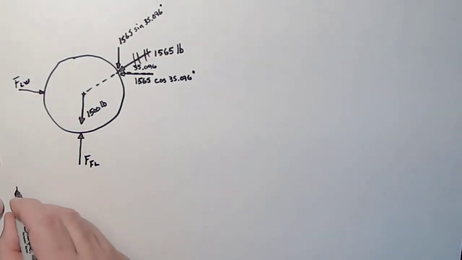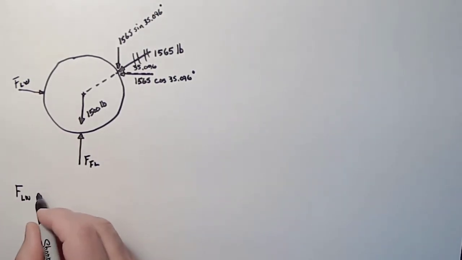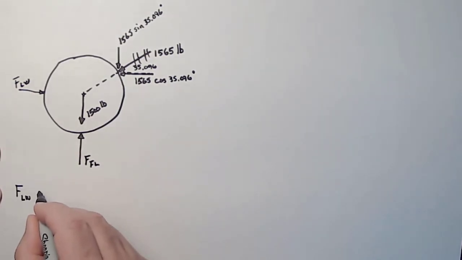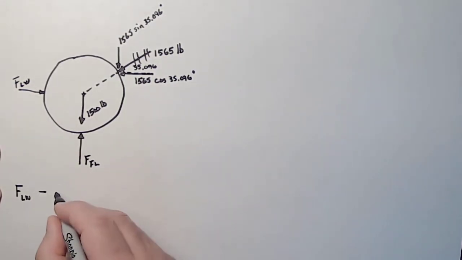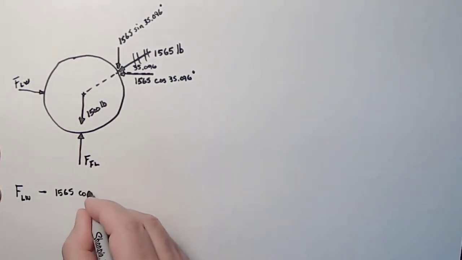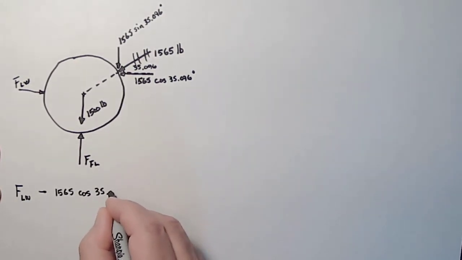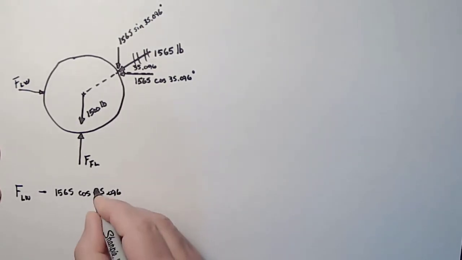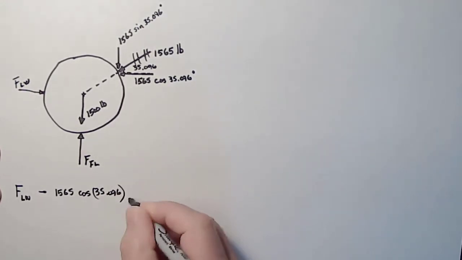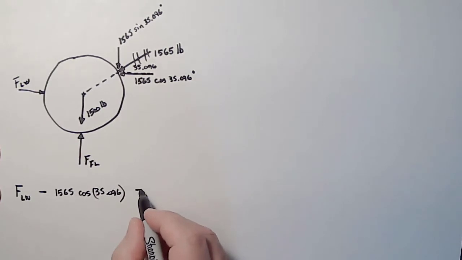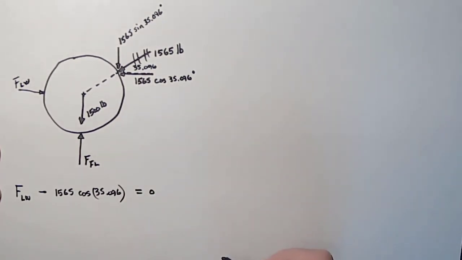So if I look at the force on the left wall, I sum up my x forces, that's going to the right, minus 1,565 times the cosine of 35.096 equals 0.